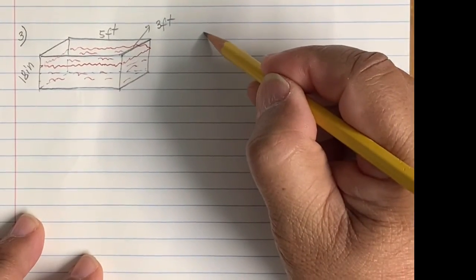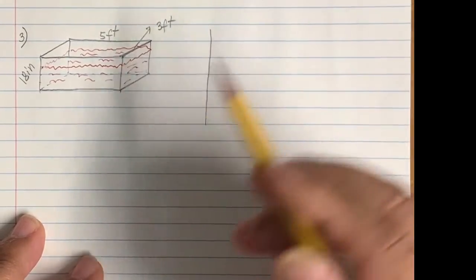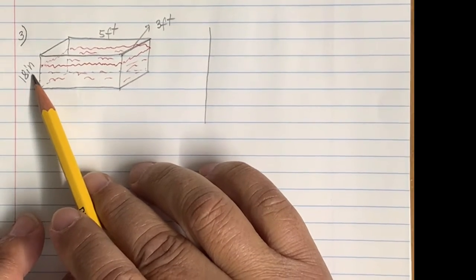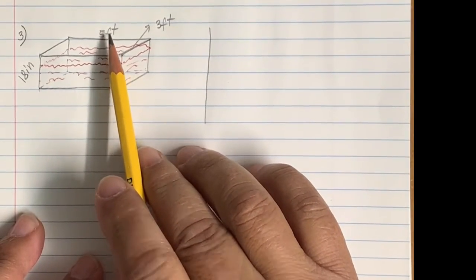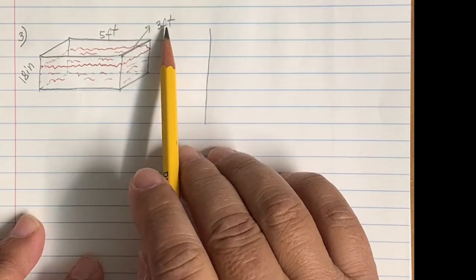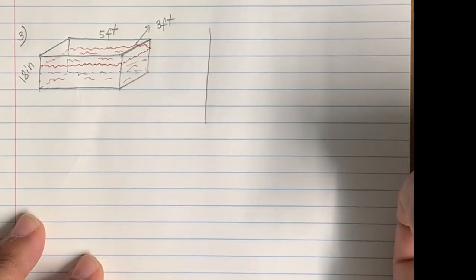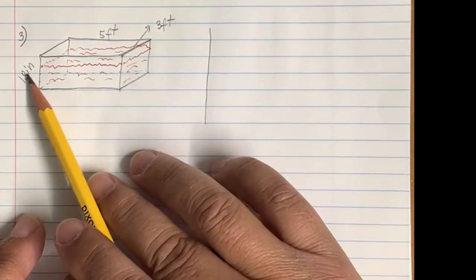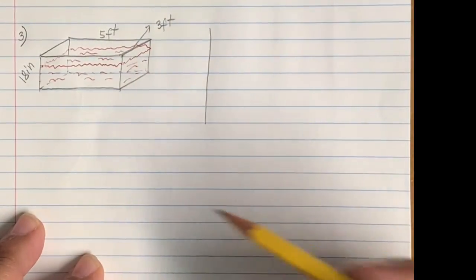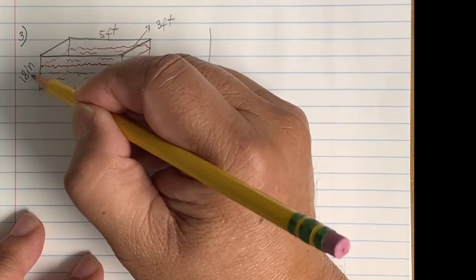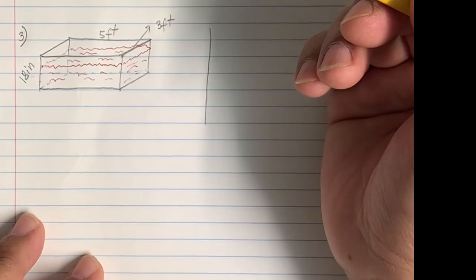Now, the problem is this. We need to take care of this problem. All the dimensions must be the same unit before we can do the math, right? Apple and banana don't go together, so we need to change that into feet.